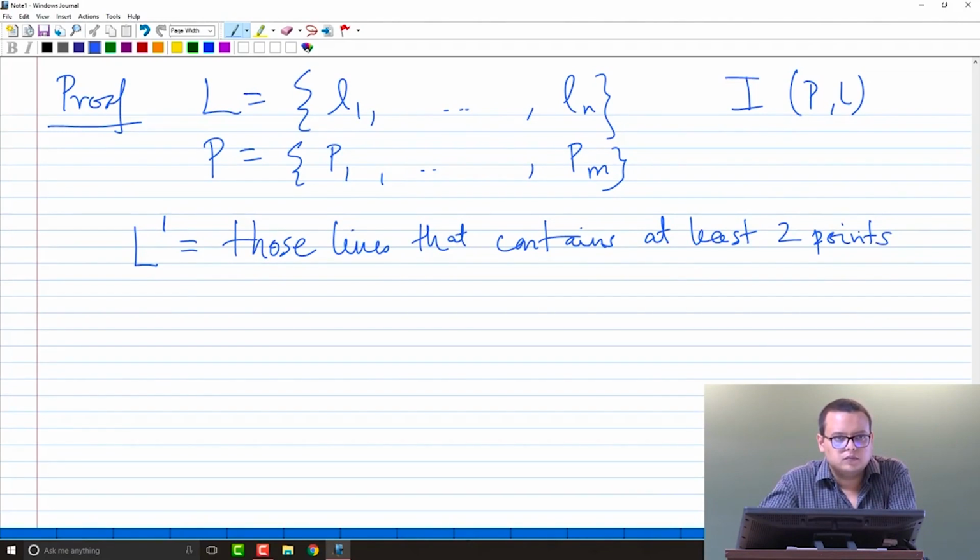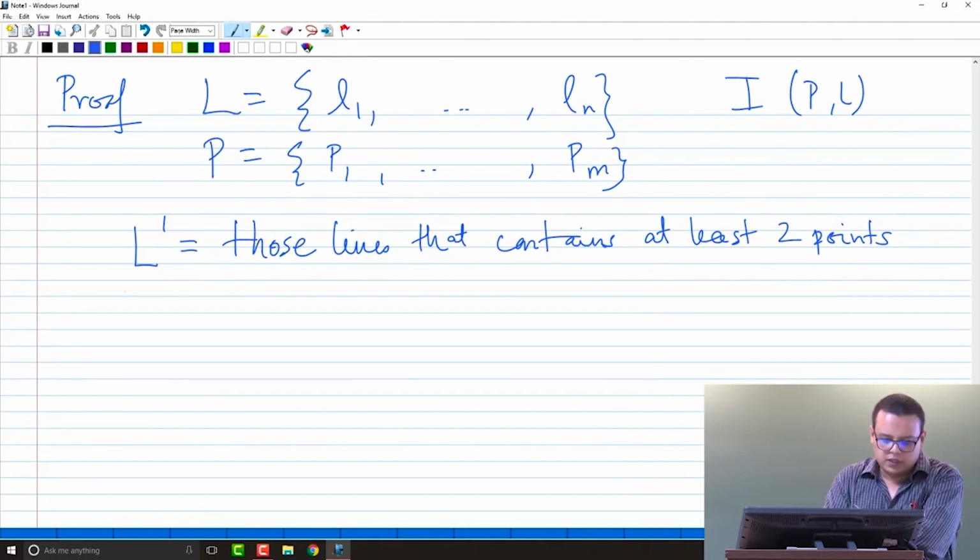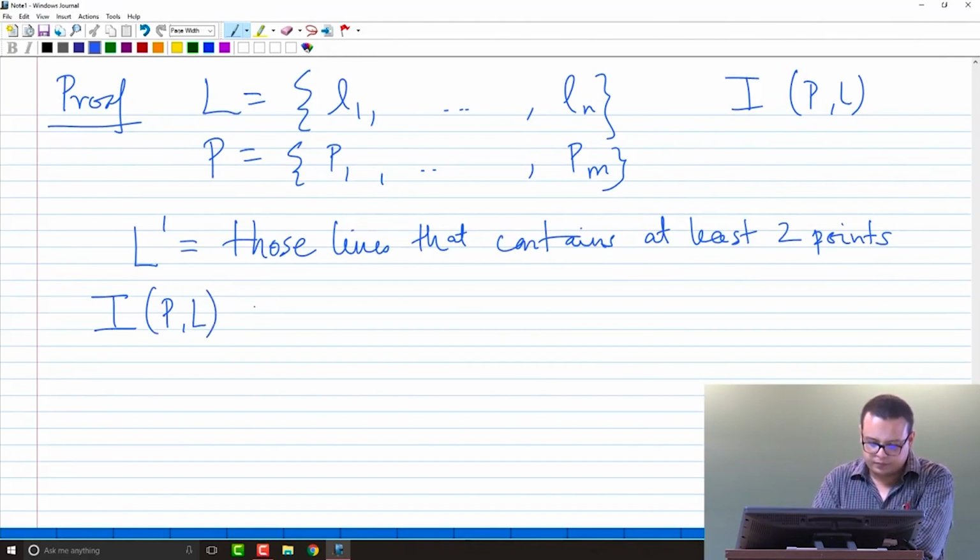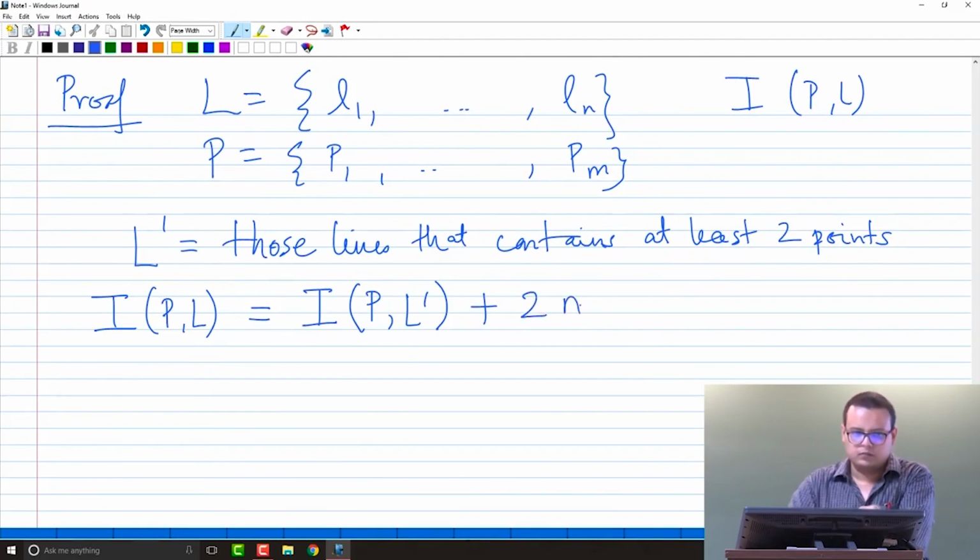Now, is this true? My claim is that I of P, L is at most I of P, L prime plus n. This is true, right?